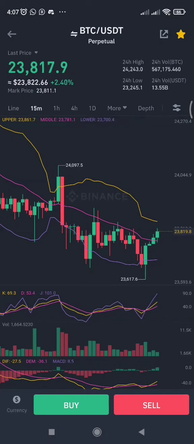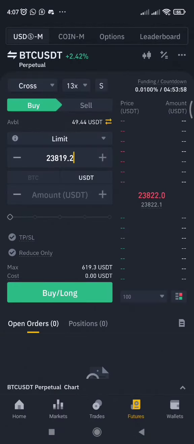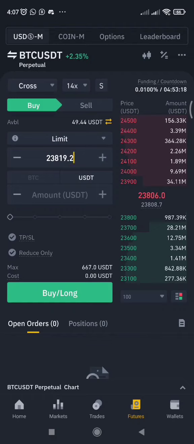So we are below the entry. So what do you do? You click on the buy icon. And since the price is lower than the entry, you can just leave it at that.